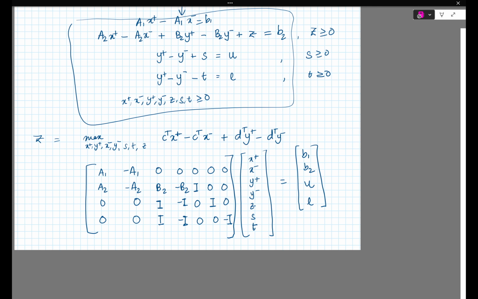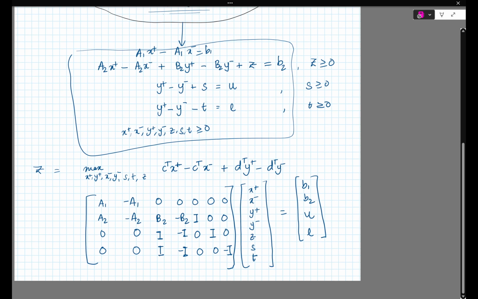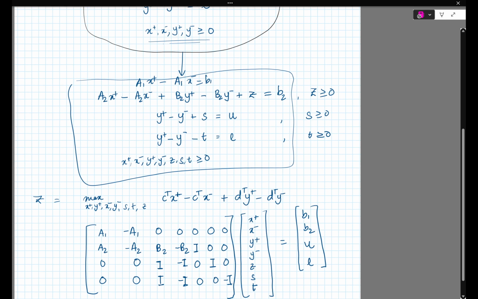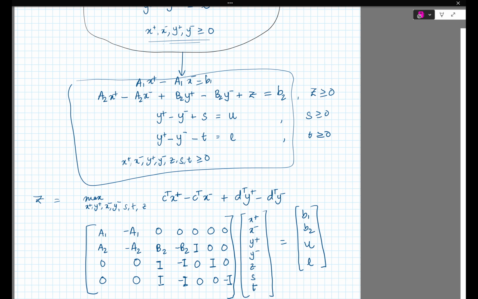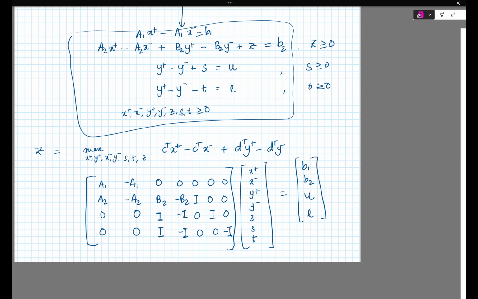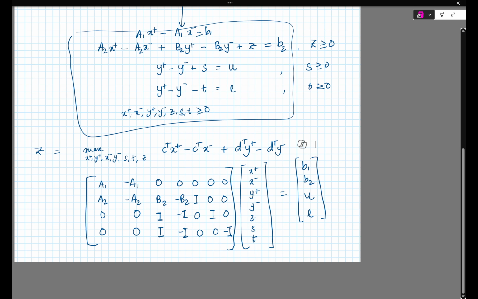This t, s, z, all these can be vectors. b1, b2 can be vectors. These can be matrices. So y plus, x minus, s, t, u, l, these all can be vectors. So you'll have identity.